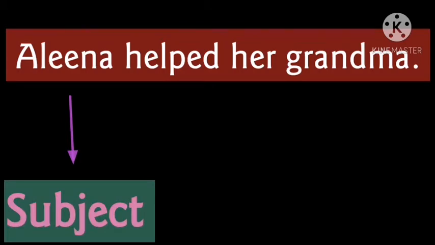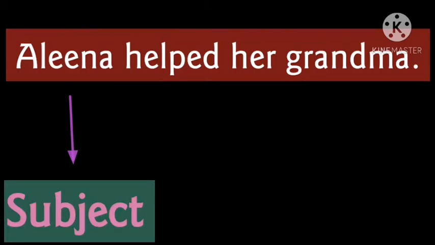Subject is the person, place, thing or idea that is doing the action. Here, who is doing the action? Yes, Alina. What did she do? Yes, she helped her grandma. So here, Alina is the person who is doing the action. So, Alina is the subject.